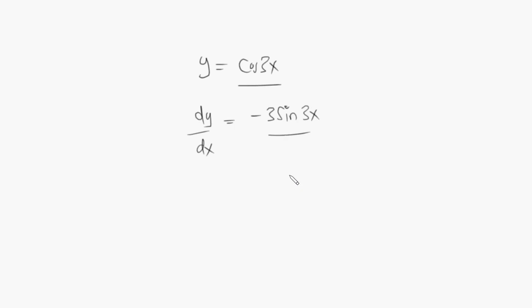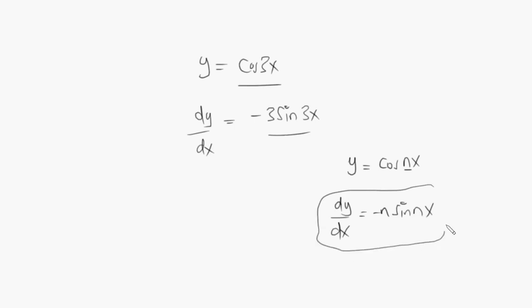Okay, na utakuja kuona kwamba kwa y equals to cos of nx, where n is just a particular number, a particular integer, mara nyingi na positive integer tuseme itakuwa ni negative n sine of nx. Okay, we'll derive it later, but for now get this one.